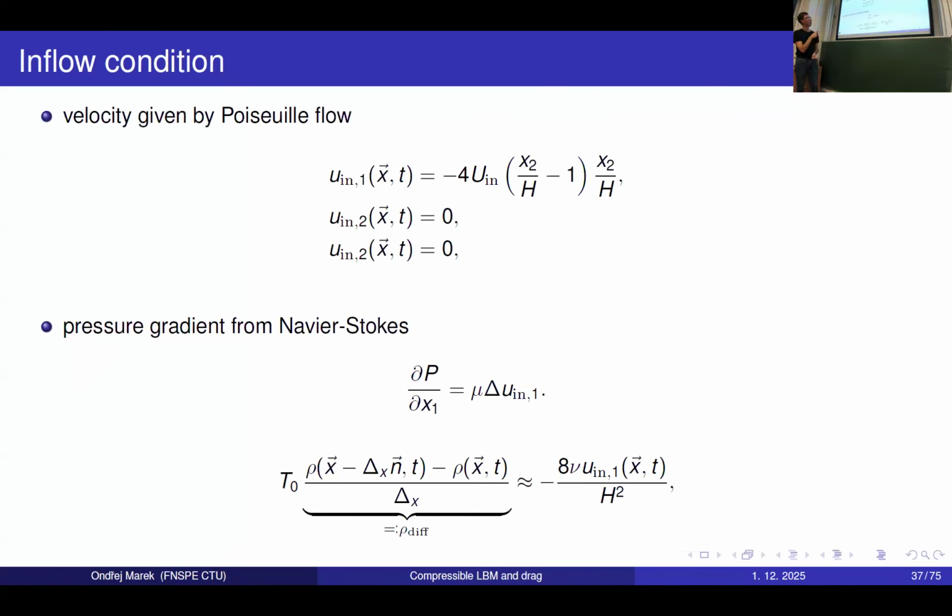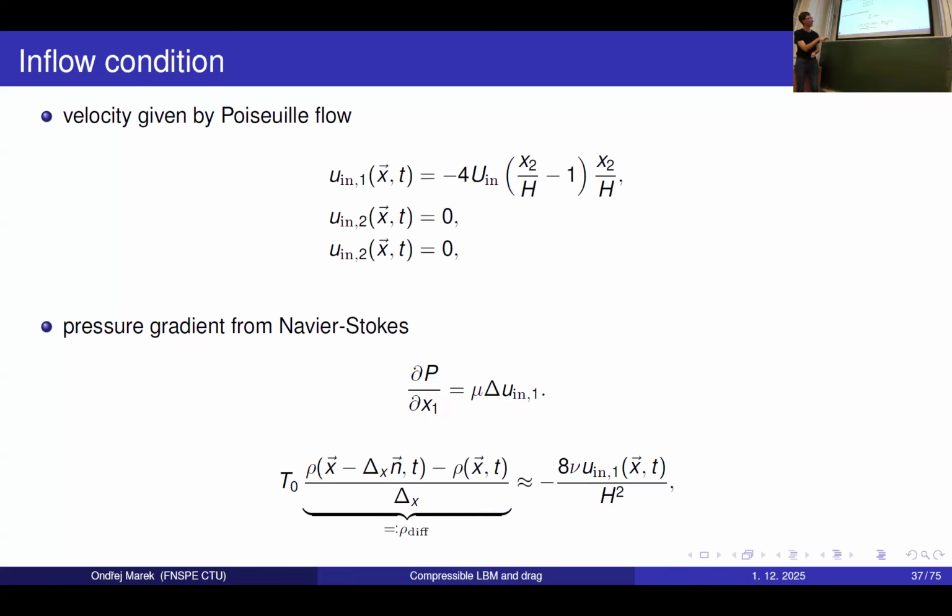And just to give an overview of the inflow, for the Poiseuille flow in the channel, we take the analytical solution for the incompressible flow and prescribe it for the velocity. And then when we multiply the momentum equation by the normal vector, here just in the x direction, so 1, 0, 0, we get that the change of pressure is mu, the dynamic viscosity, times the Laplacian of the inflow velocity, which is prescribed.